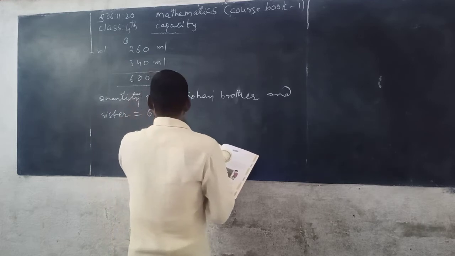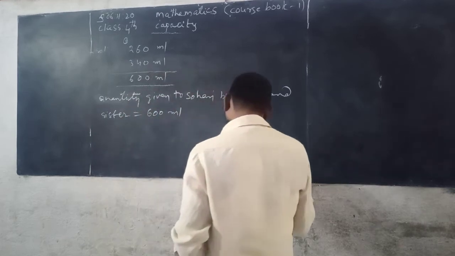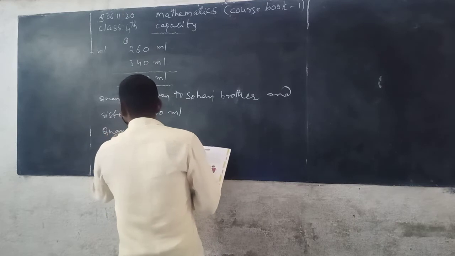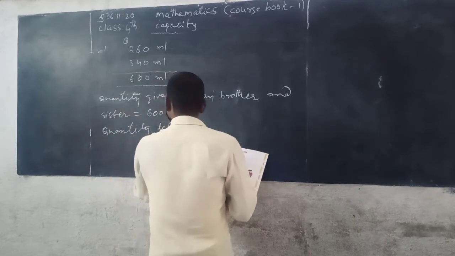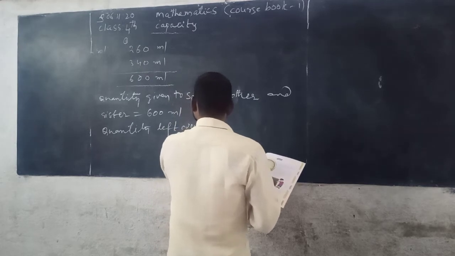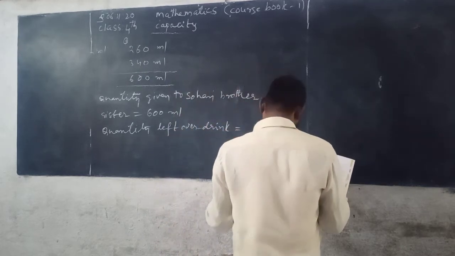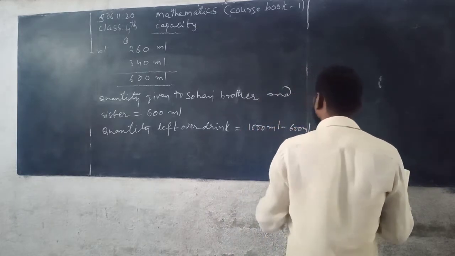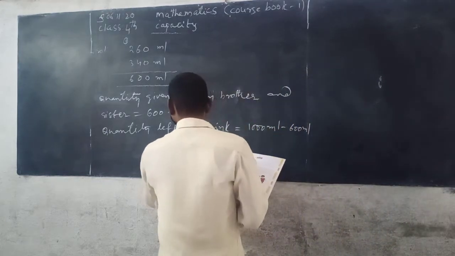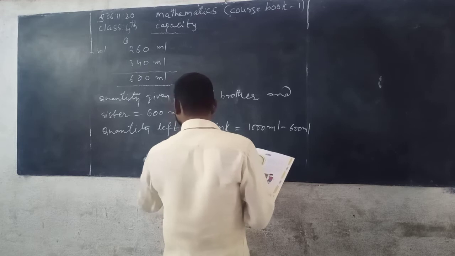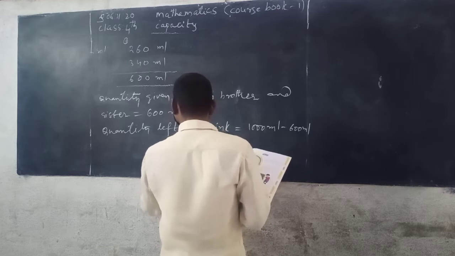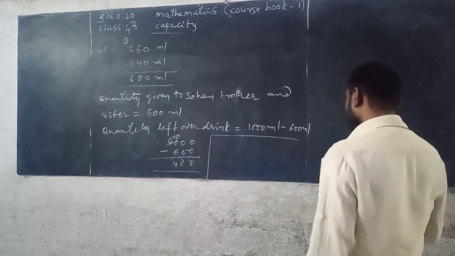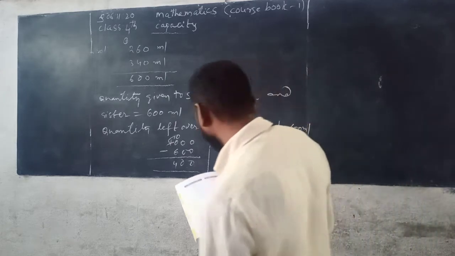The quantity given equals 600 milliliters of Maza. Next, the quantity leftover to drink is 1000 milliliters minus 600 milliliters. 0, 0, 10 minus 6 is 4. Okay, now next write down.